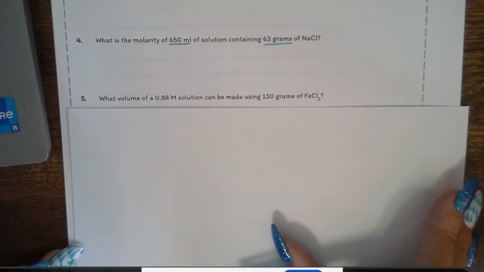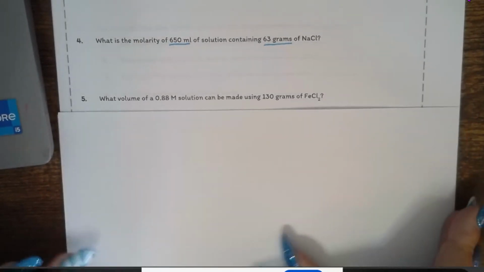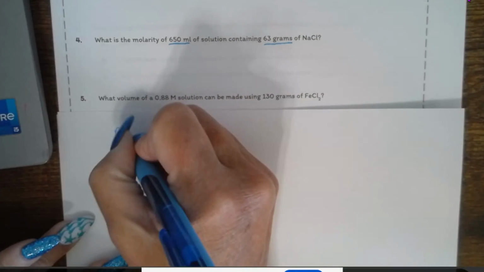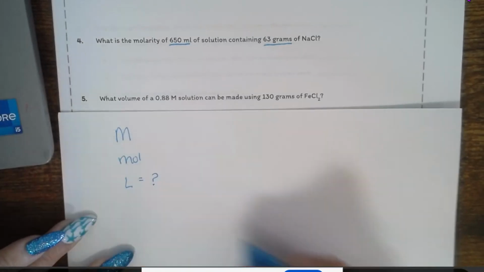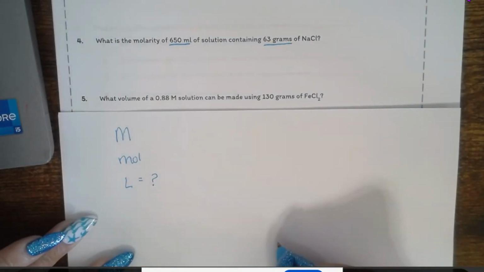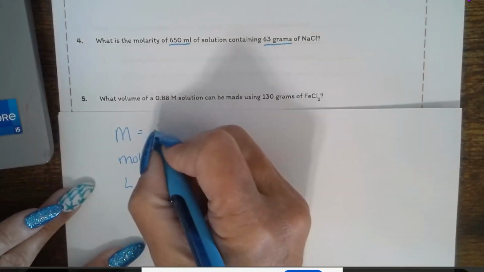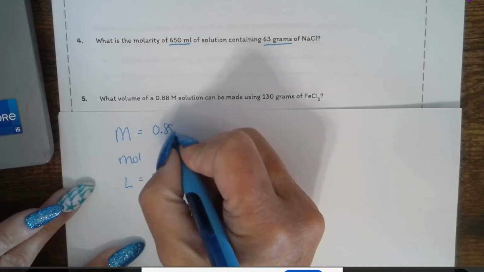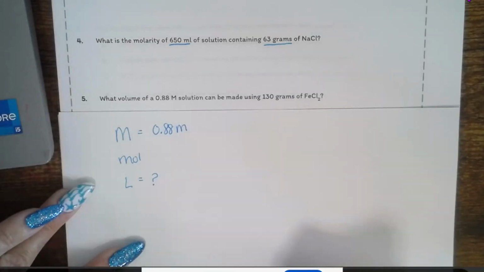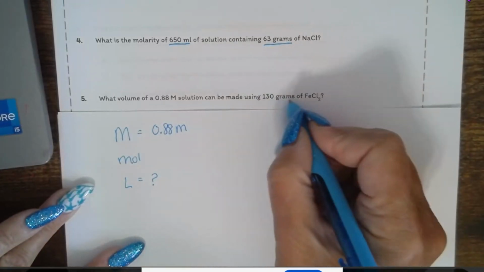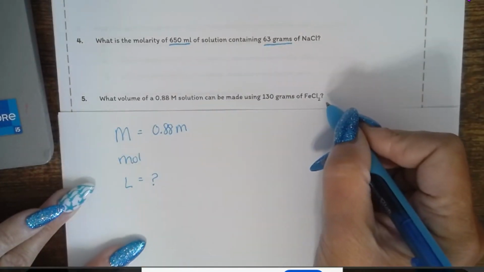Okay, so number 5 says, what volume, I'm going to make my list. I have big M molarity, I have moles, and I have liters. So it's asking me what volume, so how many liters is what it wants to know, of a 0.88 molar solution, so our big M is 0.88, can be made using 130 grams of iron 2 chloride.